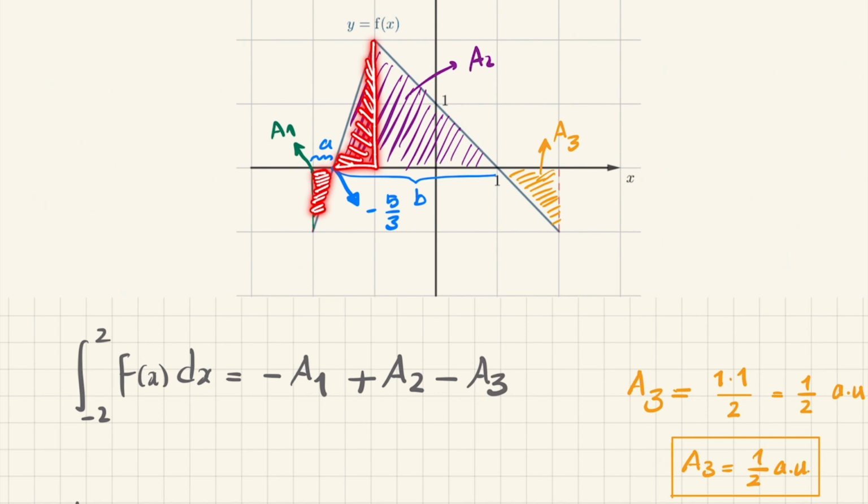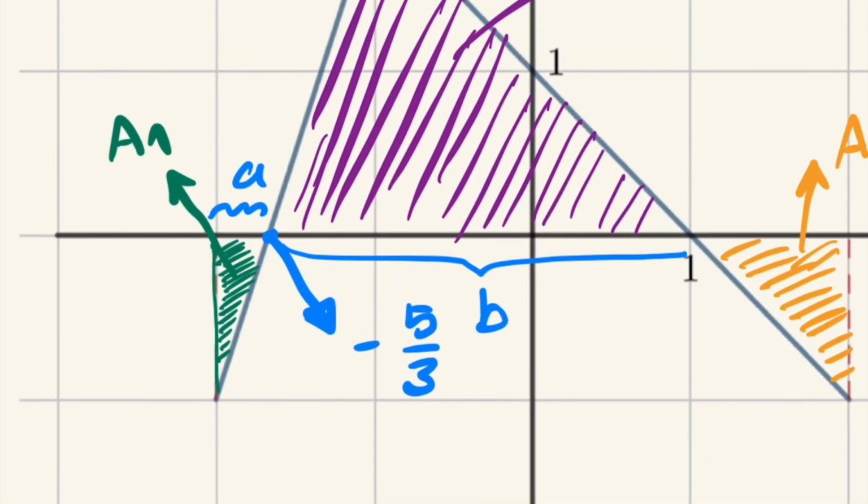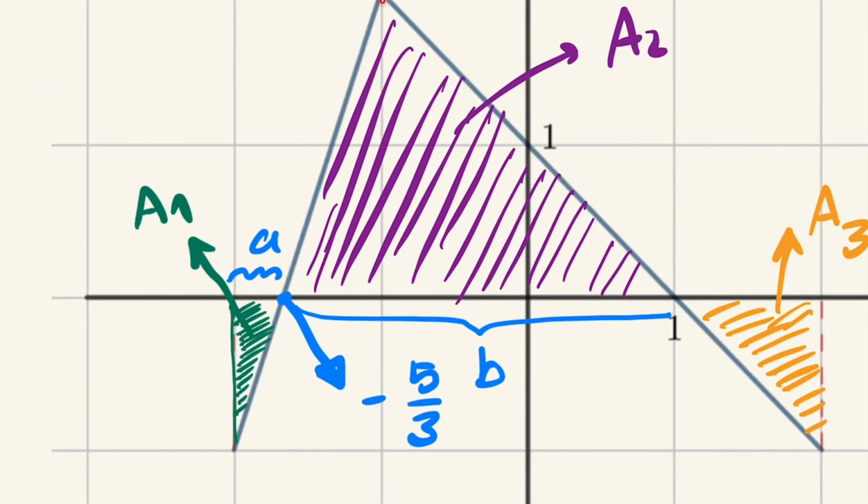Why are they similar? Because this angle and that angle are vertical angles, so they are equal in size, and one angle here is 90, one angle here is 90. So these two triangles that I mentioned here are similar ones.